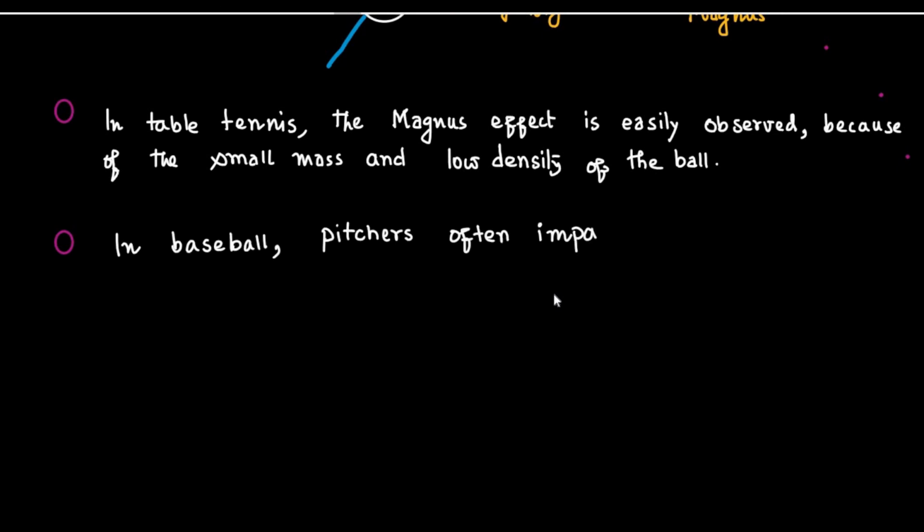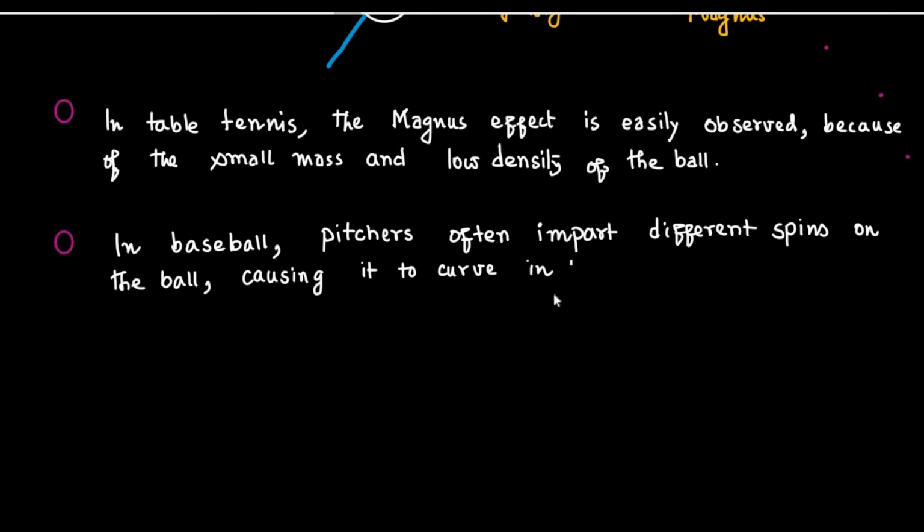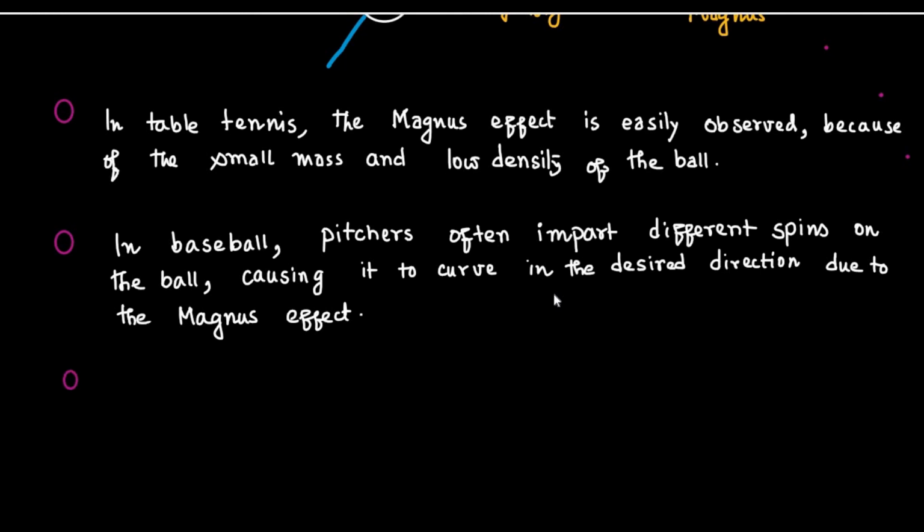In baseball, pitchers often impart different spins on the ball, causing it to curve in the desired direction due to Magnus effect.